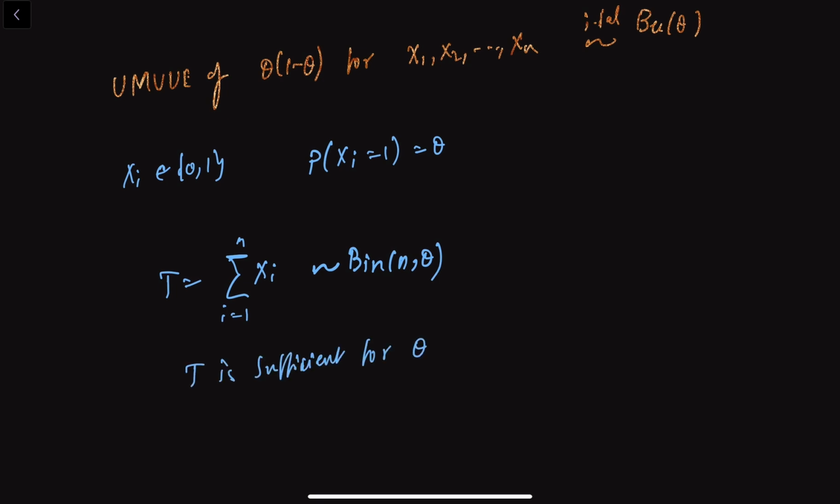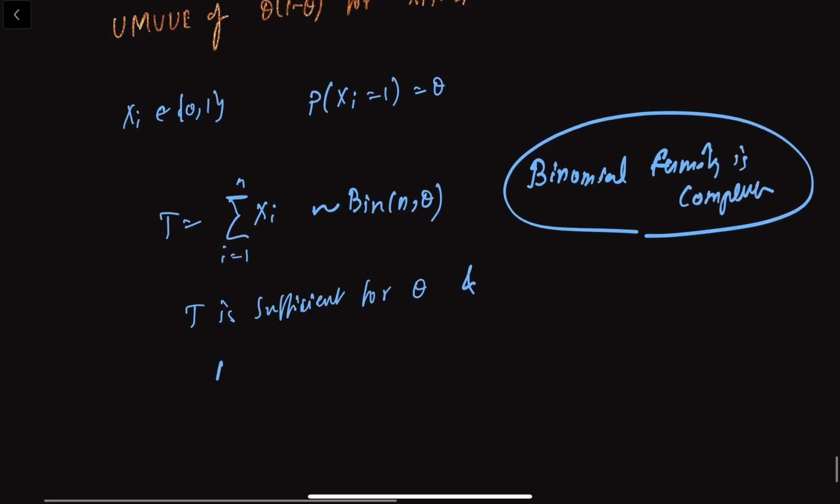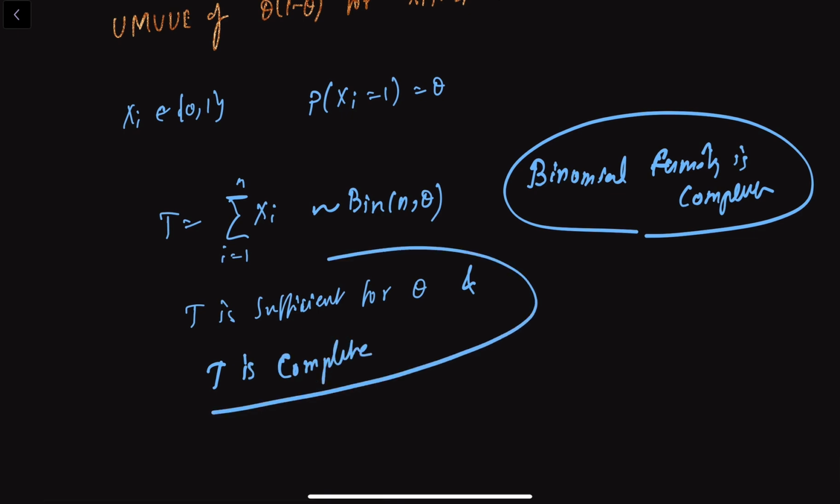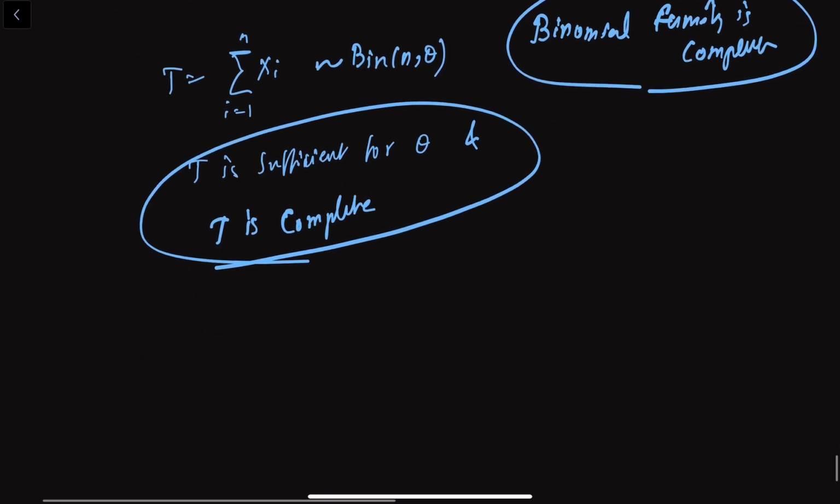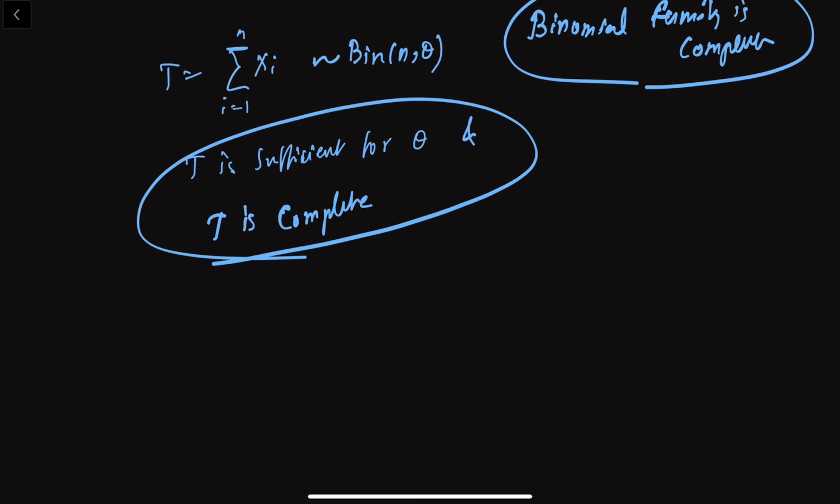We know T is sufficient for theta, and the binomial family is complete, so T is complete and sufficient. So we need to find an unbiased estimator expressed as a function of T.